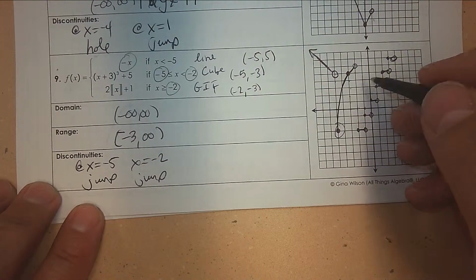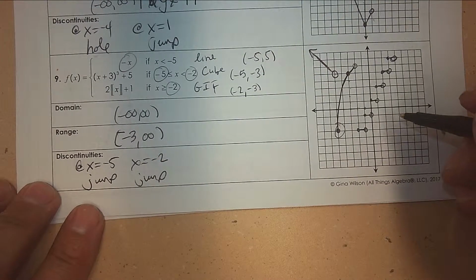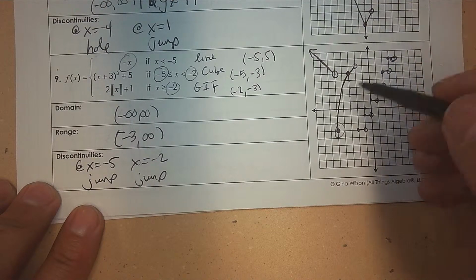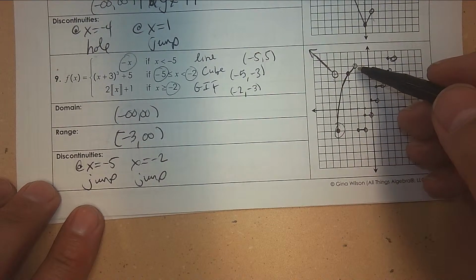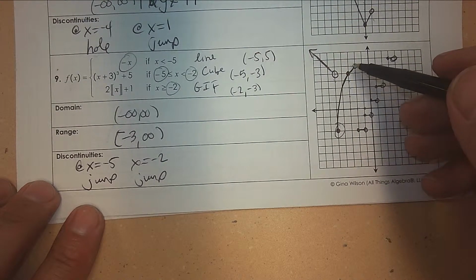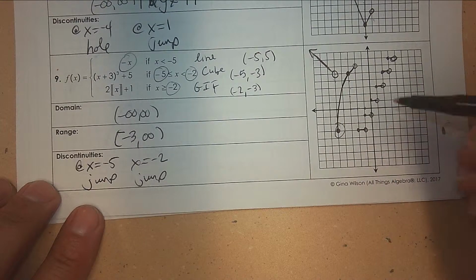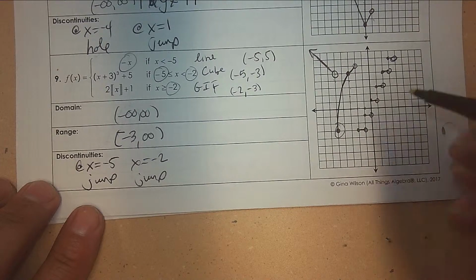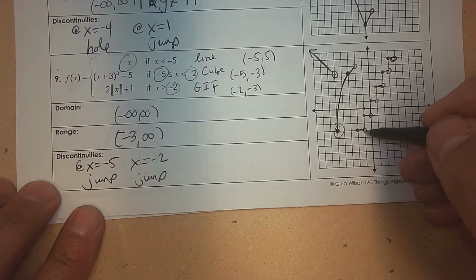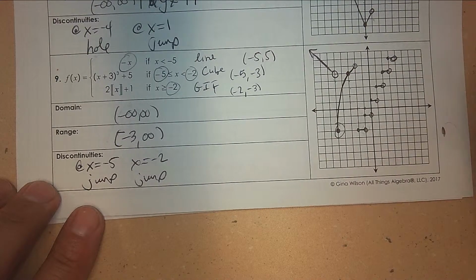There's another jump, and then at every integer after -1. So at -5, at -2, and then at every integer there's a hole and a jump, a discontinuity.